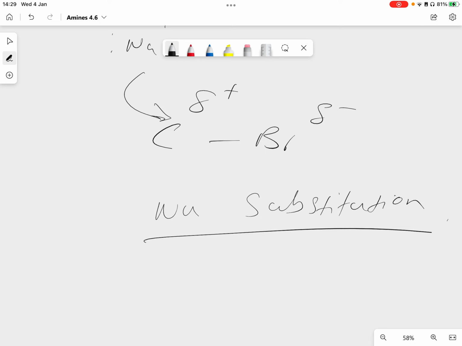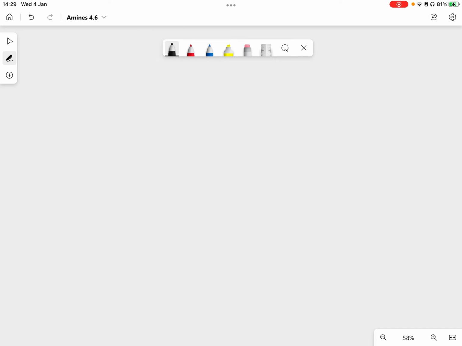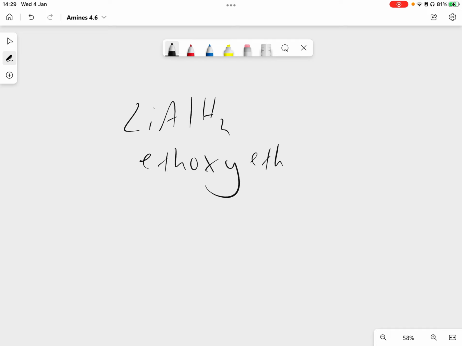Okay, so now we're going to look at the formation of an aliphatic amine again. We did this in the last episode on carboxylic acids and derivatives, the reduction of a nitrile. So of course we're going to use LiAlH4 in ethoxyethane, which is an anhydrous organic solvent. Just an anhydrous solvent.